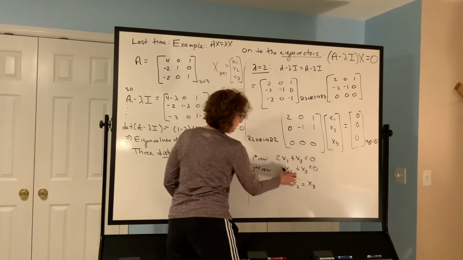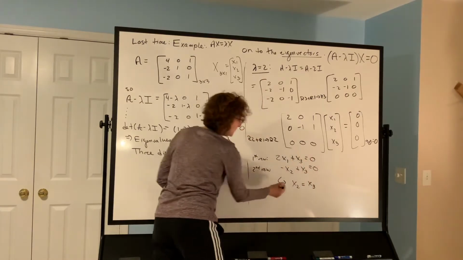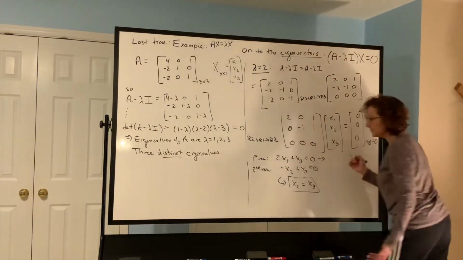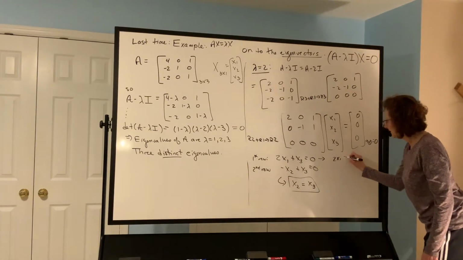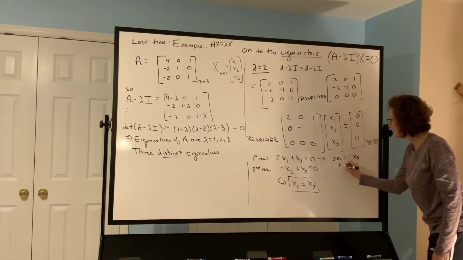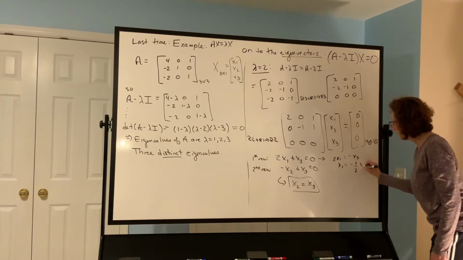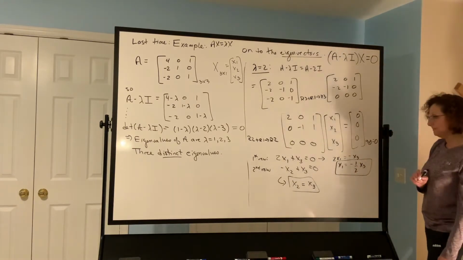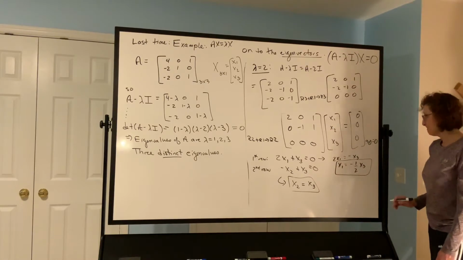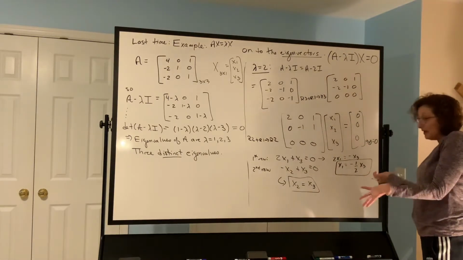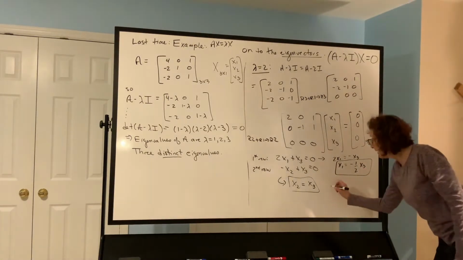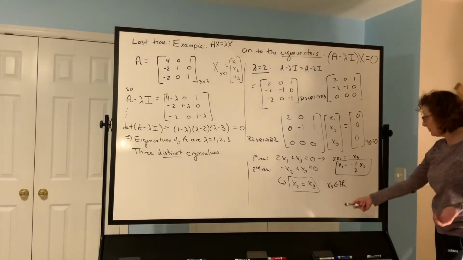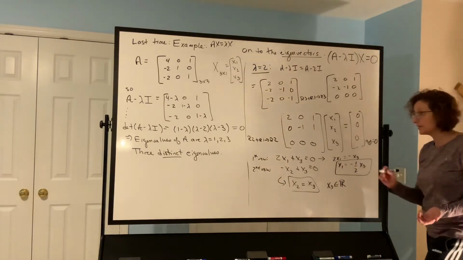Then we solve the first one for x1: 2x1 is equal to minus x3, so x1 is equal to minus 1/2 x3. What about x3? There are no restrictions on x3. x3 is the free variable, and x1 and x2 are fixed variables.